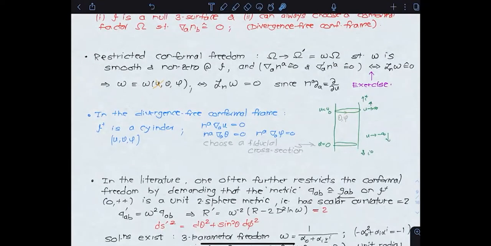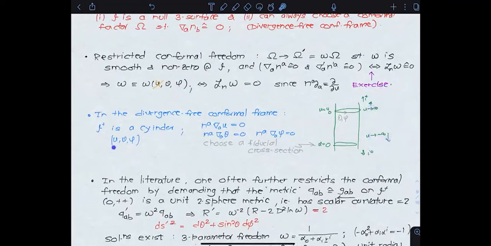So in the divergence-free conformal frame, sky looks like a cylinder, and coordinates can be u, theta, phi, where u is just the affine parameter. n^a d_a is just equal to d by du. And theta phi, you can choose any one cross-section and introduce theta phi there, and just Lie drag theta phi, ln of theta equal to 0, and ln of phi equal to 0.